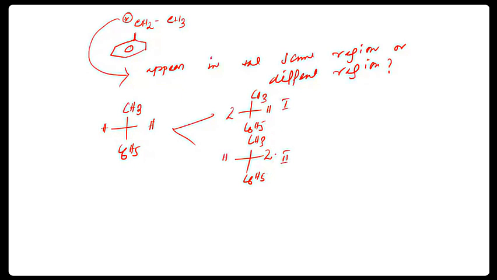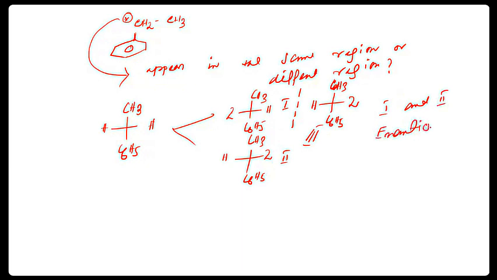If I put one mirror here, I will have CH3 here, this is C6H5, I will have H here and Z is here. The same thing, meaning 1 and 2 are enantiomers. As 1 and 2 are enantiomers, these two protons of CH2 have the same chemical environment.